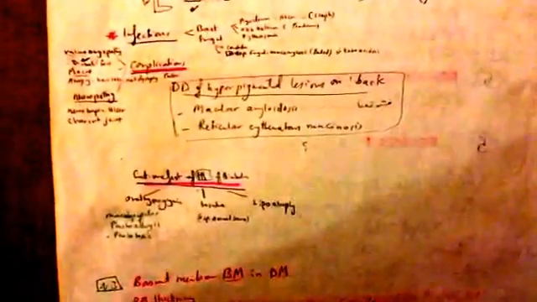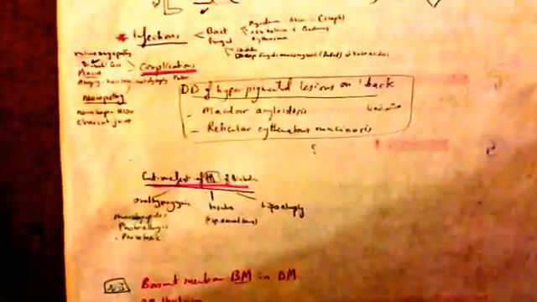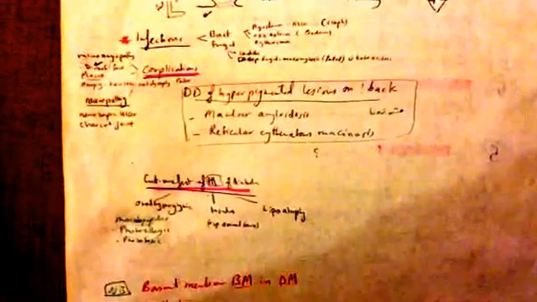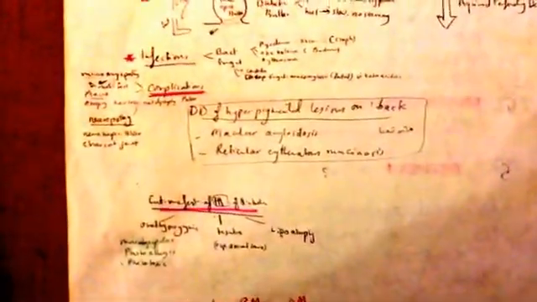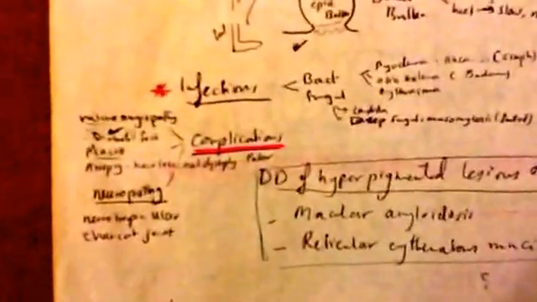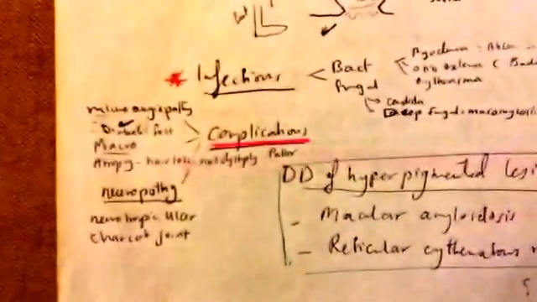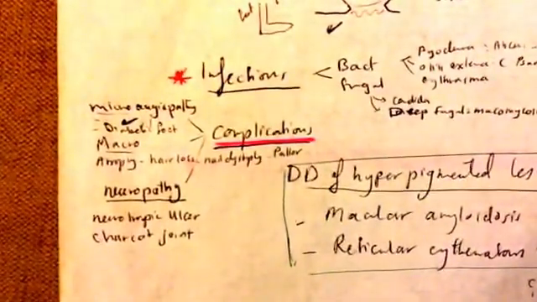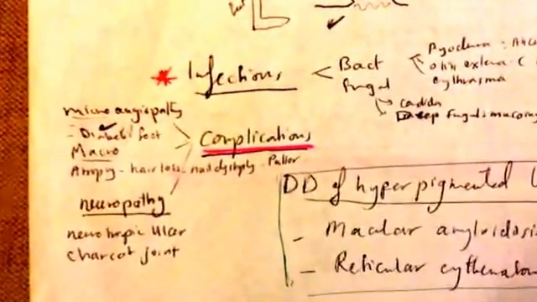And there are also the complications. The cutaneous manifestations include the complications of diabetes, like the microangiopathy, like diabetic foot, and macroangiopathy like atrophy, hair loss, nail dystrophy, and pallor.